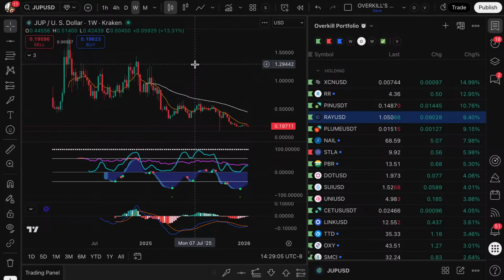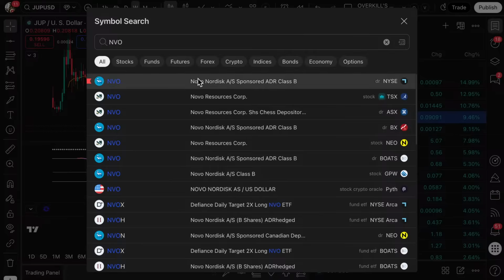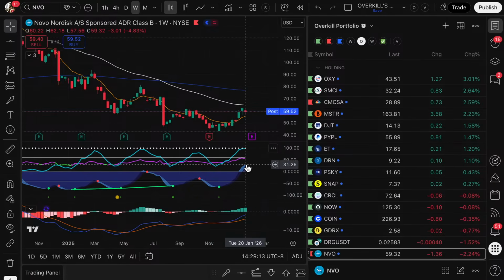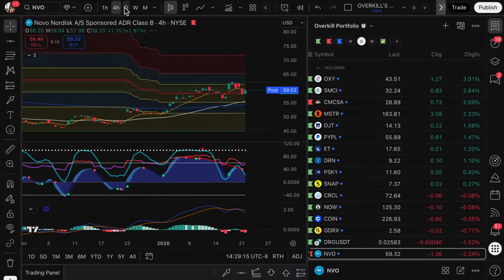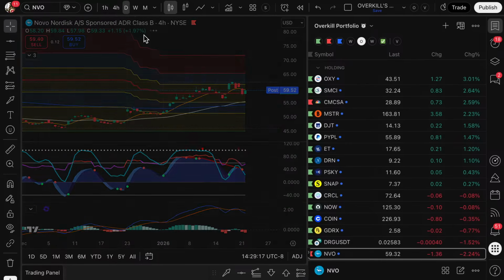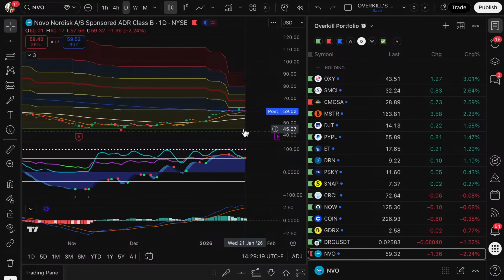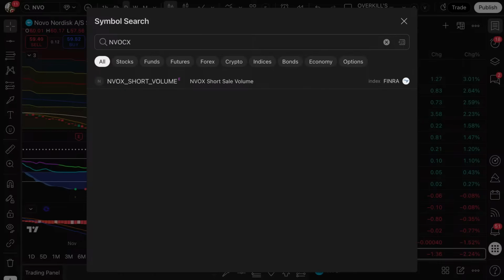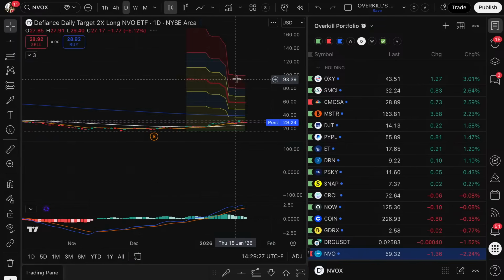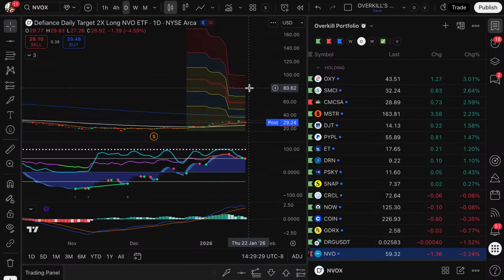Why did NVOX not move like NVO? What is NVO doing? NVO's pulling back a little bit. Nothing really too crazy. It's got a red dot there on the daily, but it's kind of inching up. We're targeting up there at 90 on NVO. NVOX is just that leveraged ETF that we played. So it's obviously 2x the move.